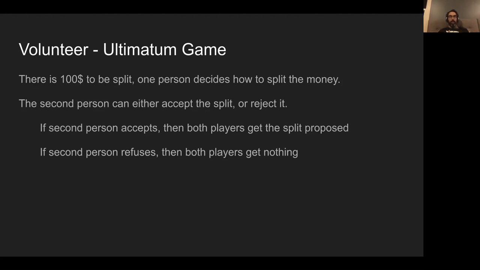We both picked it up, and now we have to figure out how to split it. Now you get to offer me how much to split it, and if I accept it, then we split the $100, and if I don't accept, then neither of us get the money.